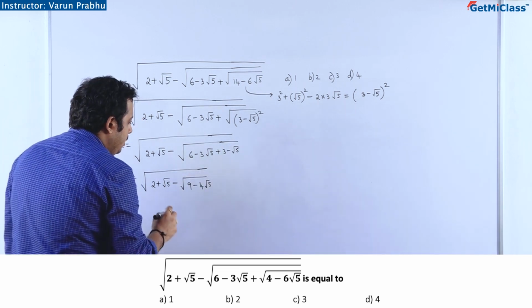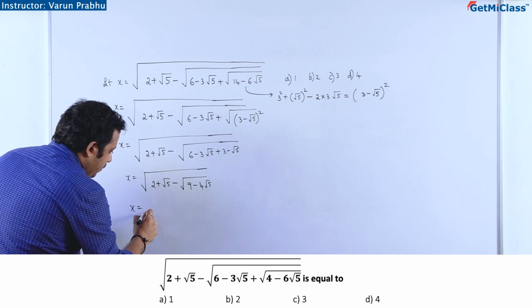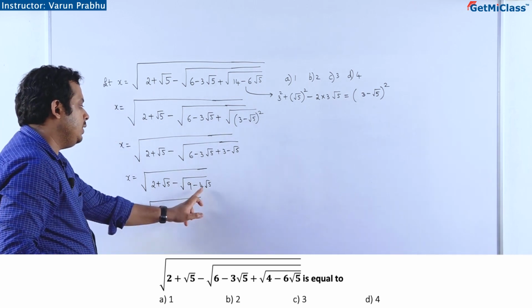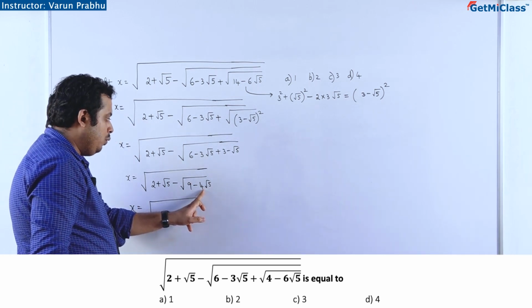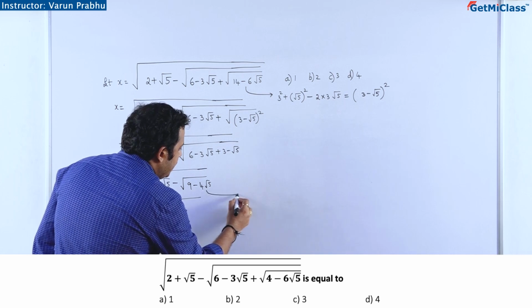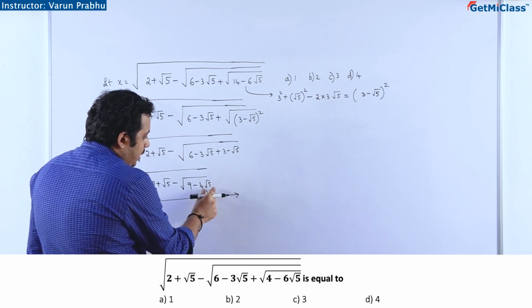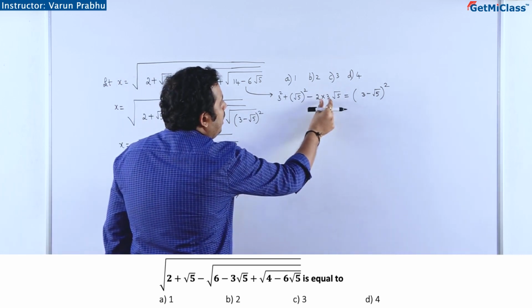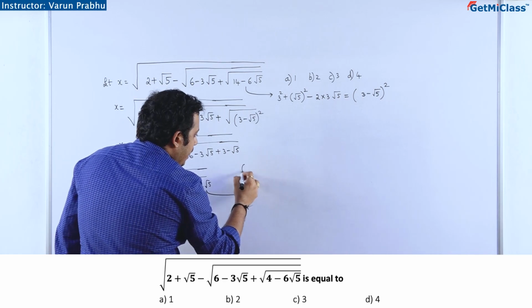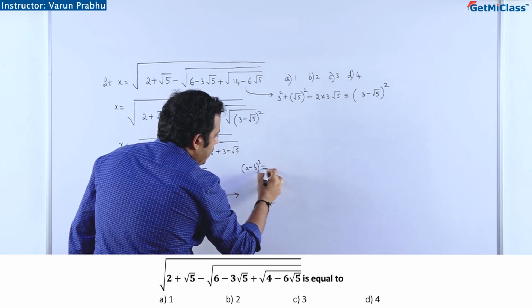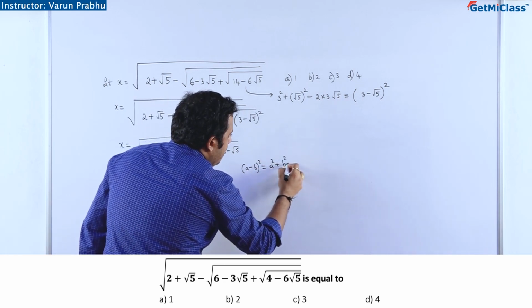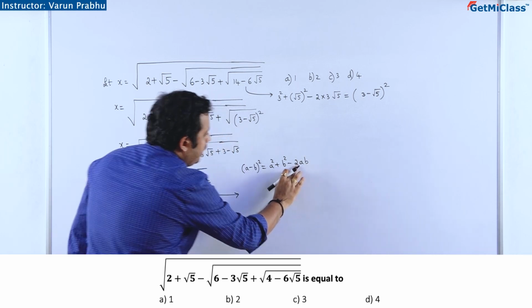So here your answer will be x is equal to square root of, again we think of the same way, 2 root 5. So this part can be written as, now see here 4, there is already a 2ab form, right? Why? A minus b the whole square can be written as a square plus b square minus 2ab, which means 2 is already a part of this.